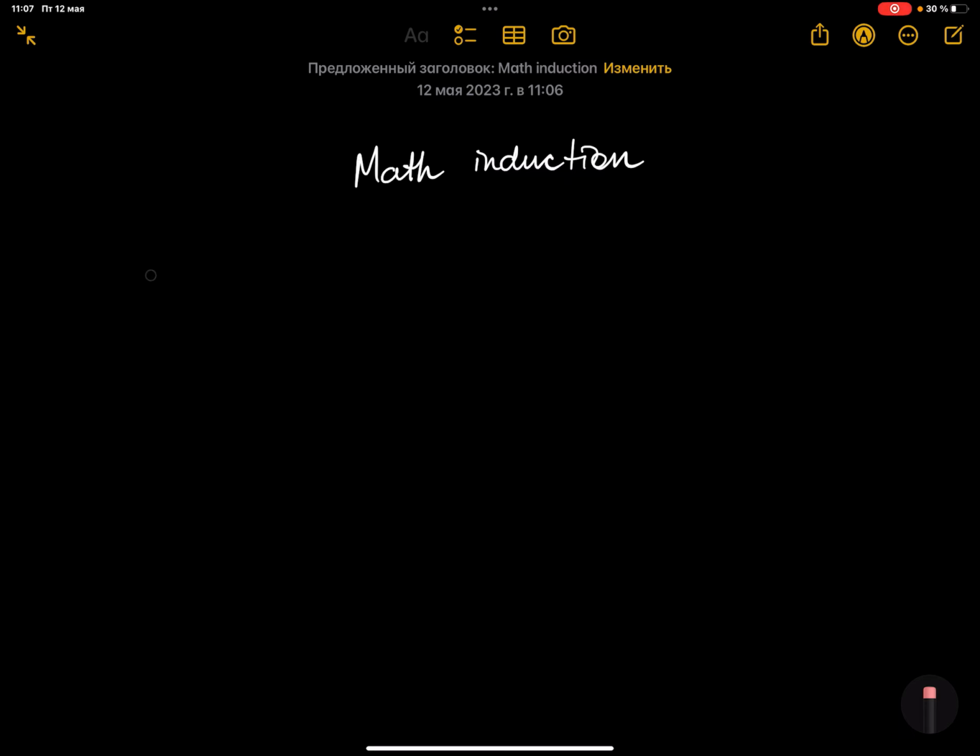Before considering the steps, let's say that we have an expression Pn, for example 3 to the power of n minus 1, and we should prove that this Pn is always a multiple of 2, for n equals 1, 2, 3, 4, k, etc.